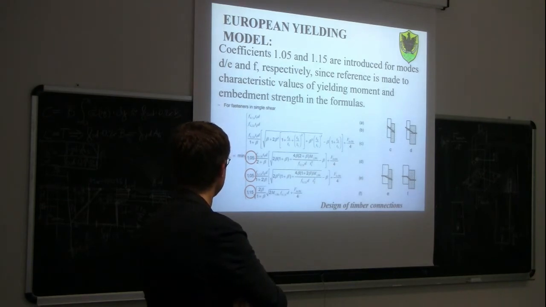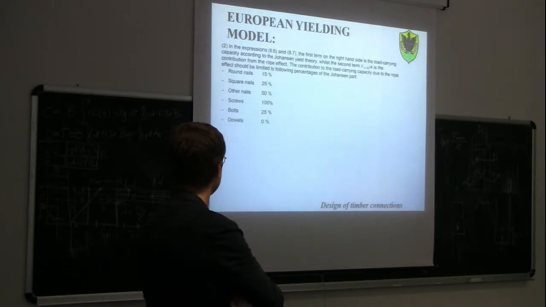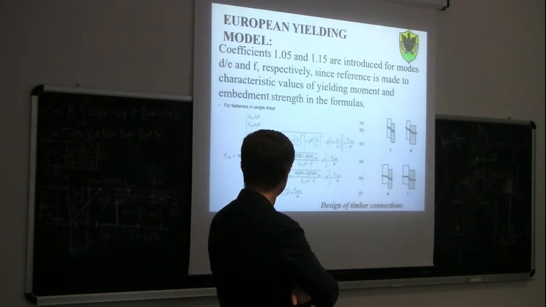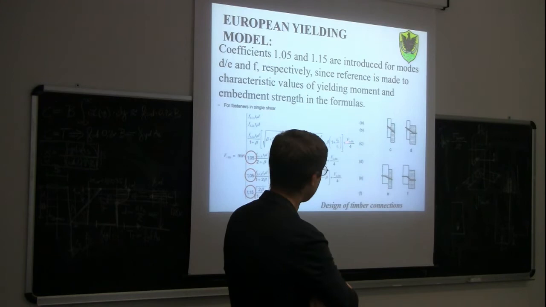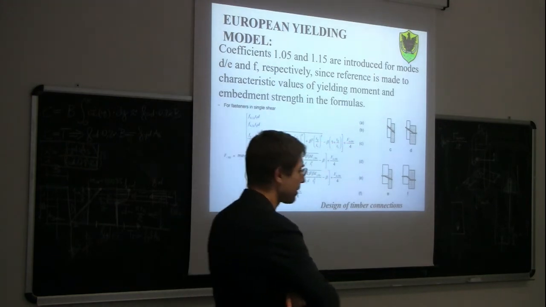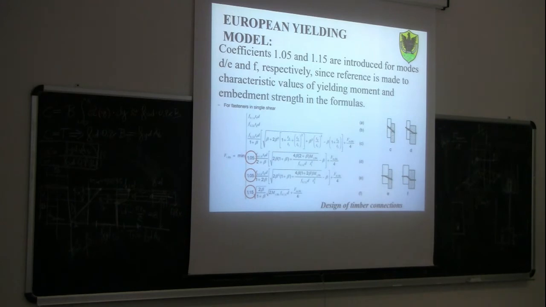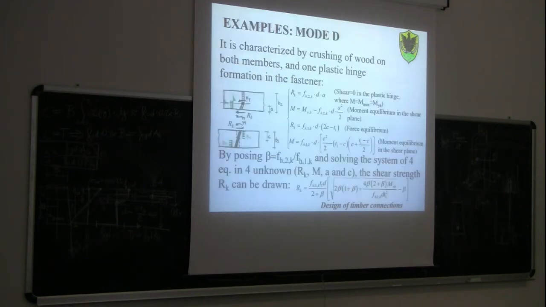Another thing that we can see is that in some of these failure modes, compared to the formulas we derived using the equations, one additional term has been added. You see that for failure modes C, D, E, and F, to this term here, for example, before we derived this term RK, but this RK is only one part of the formula that you find in the Eurocode.